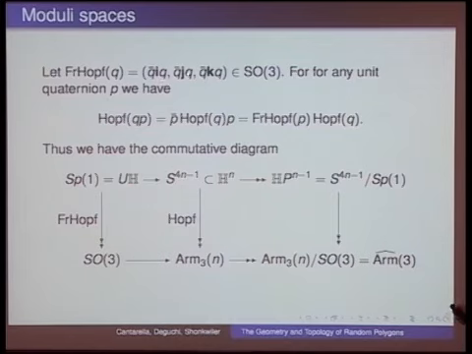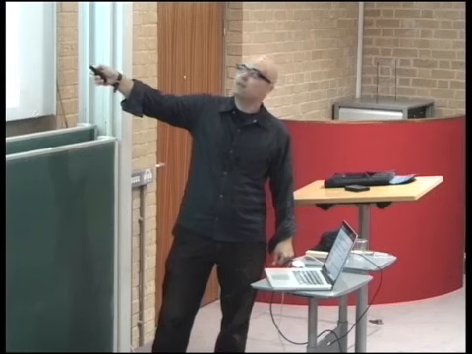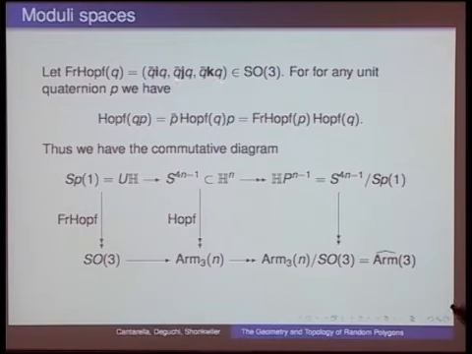Take q bar iq, q bar jq, and q bar kq. And those are 3 orthogonal vectors. That's an orthonormal frame in R3, as long as this is a unit quaternion. And the Hopf map obeys this interesting kind of equivariance property with respect to that construction.